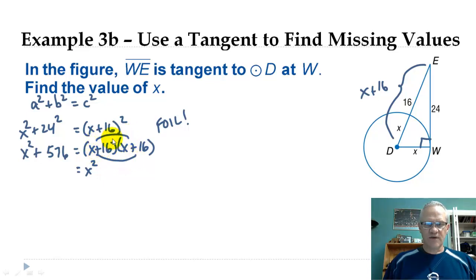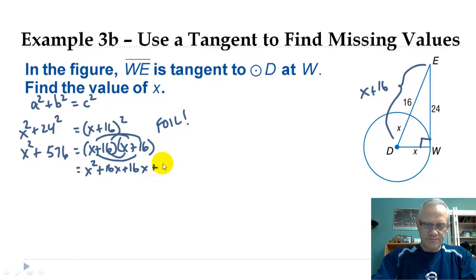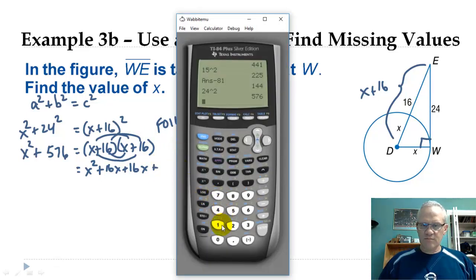Outside, the first, F was first, x times x. Outside is x times 16, so we have 16x. Inside is 16 times x, another 16x. And then last would be 16 times 16. That would be 256.